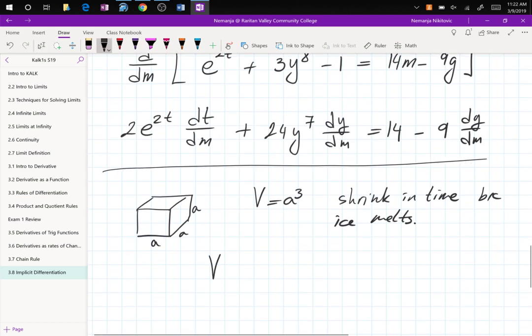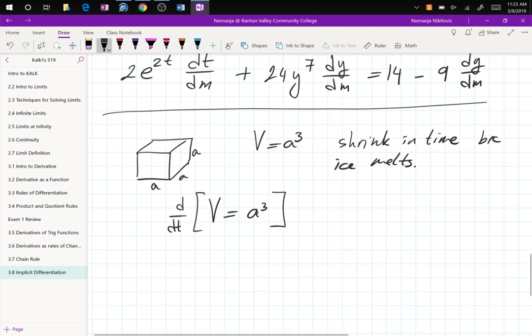Well, I have to take the volume formula and differentiate that volume formula in time to get the rate at which the ice is melting. So when I take the derivative of v, I get 1, but we have to do the dv dt. Okay, I'll write 1 times dv dt is equal to 3a squared dA dt.